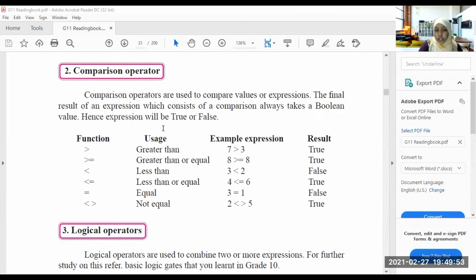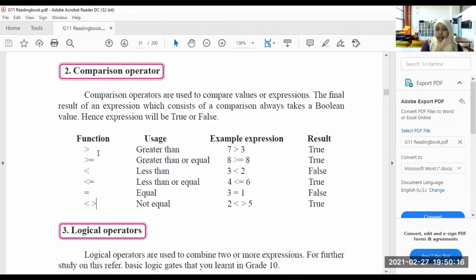Hence, the expression will be true or false. So, when you are comparing a number with another number, the last expression would be true or it can be false. Okay, two answers, either true or false. There are 6 comparison operators.